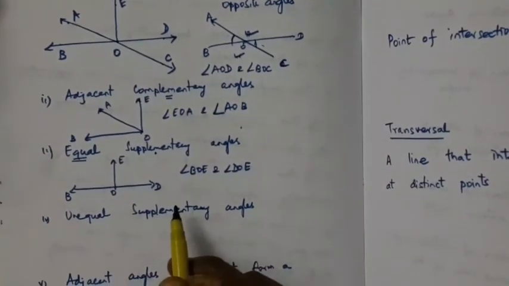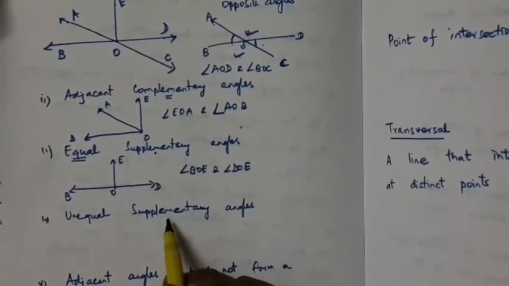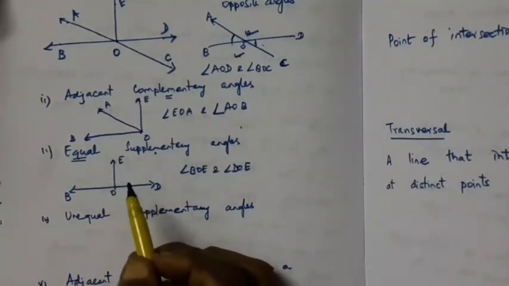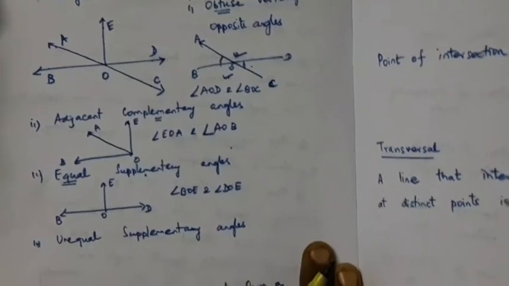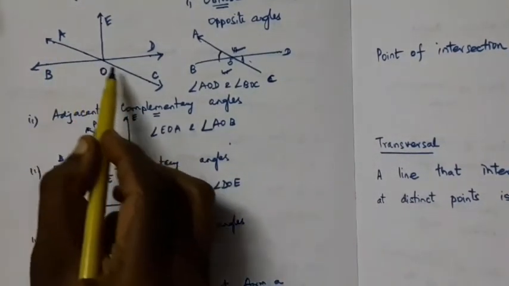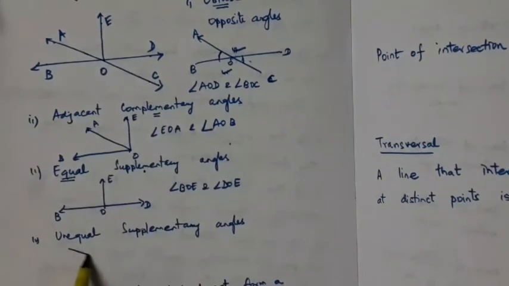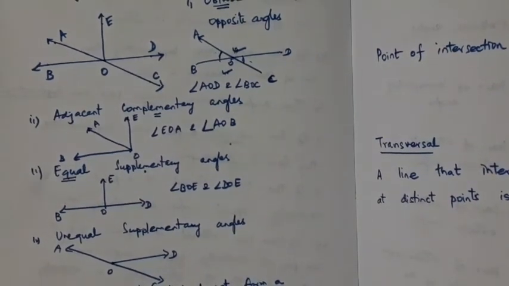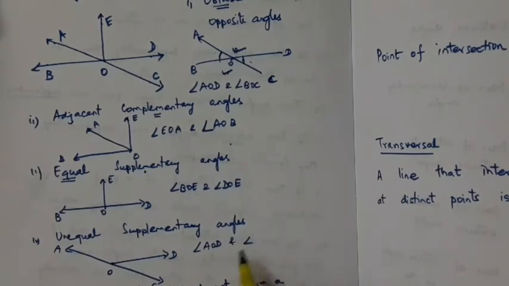Unequal supplementary angles. When you add two angles, that should give 180 degrees, but the two angles need not be the same, which means this need not be 90. So what we can do, we can take this line AOC, and I am taking this line D. So angle AOD and angle DOC.